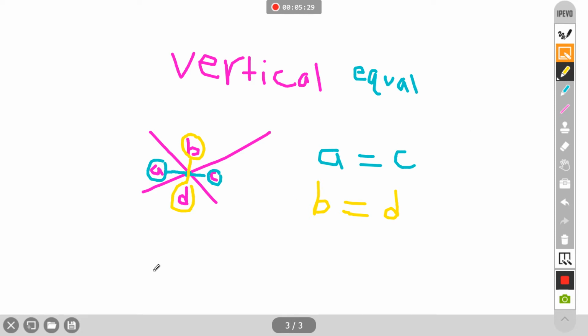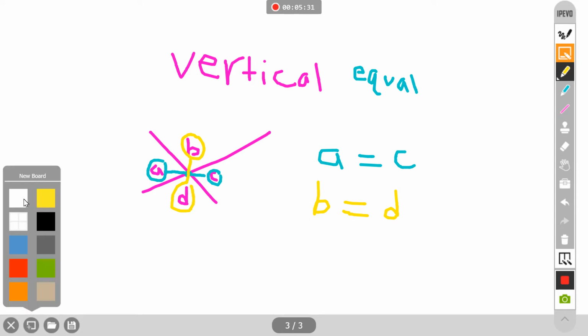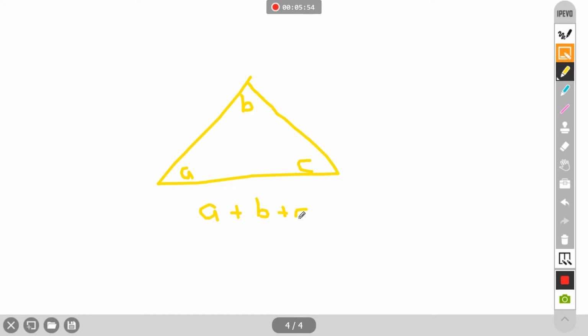We also talked about the triangle sum theorem, and the triangle sum theorem states that, hey, if you've got a triangle, and this is angle A, and this is angle B, and this is angle C, then if I take A and I add it with B, and then I add it with C, what do I get?